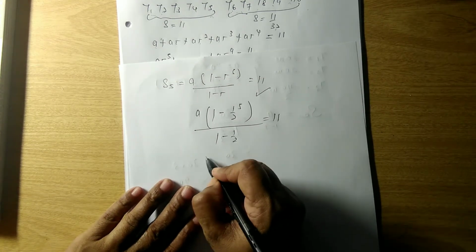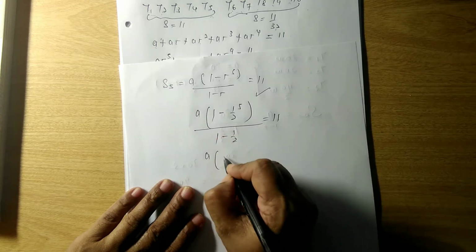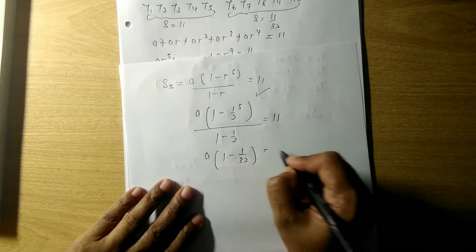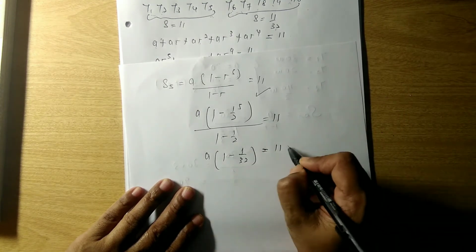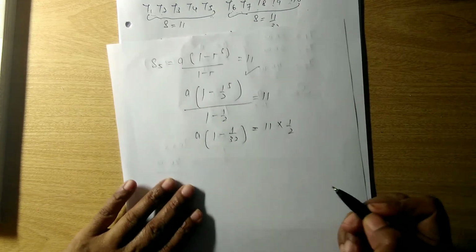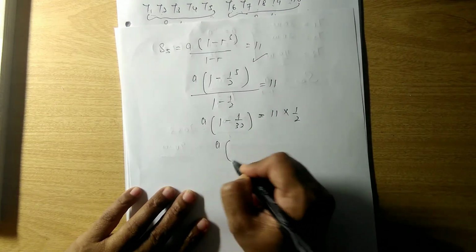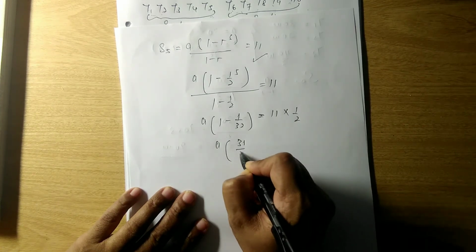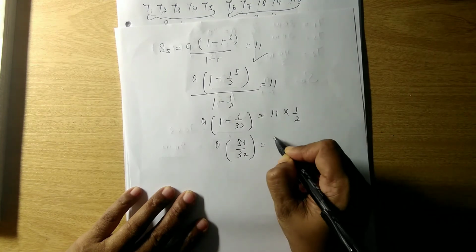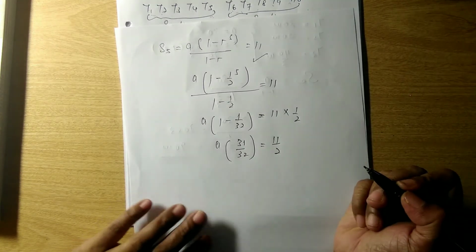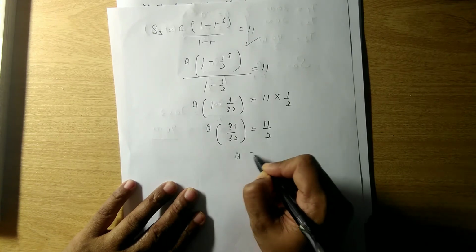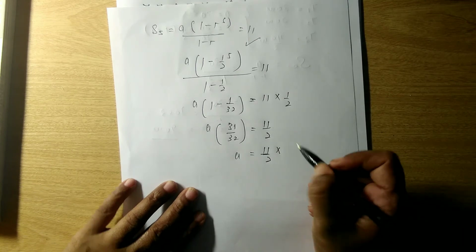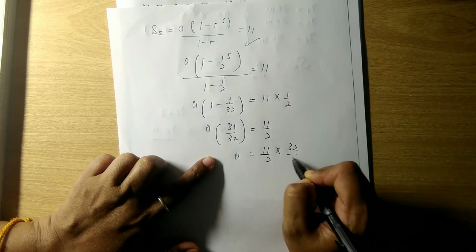Okay, so we solve for this. So A, this is 1 minus 1 over 32. Okay, this one comes up. So this is 11 times half. So here A, this will be 32, means this is 31 over 32. This is 11 over 2. Okay, so A will become 11 over 2 times 32 over 31.